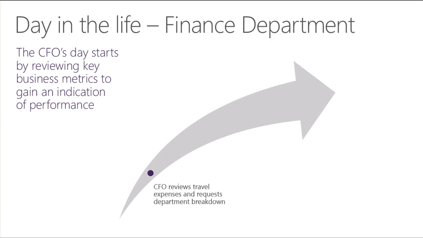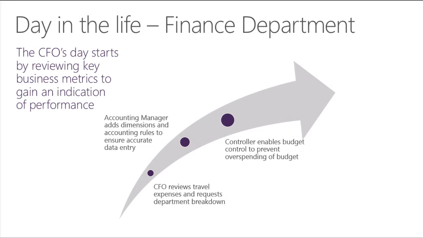The first one is related to looking at information for travel-related expenses, wanting more information on expense purposes, and how the accounting manager can add additional dimensions into the system to capture that information so that we can later do analysis on it. How the controller prevents the overspending of budget for travel-related expenses utilizing budget control.